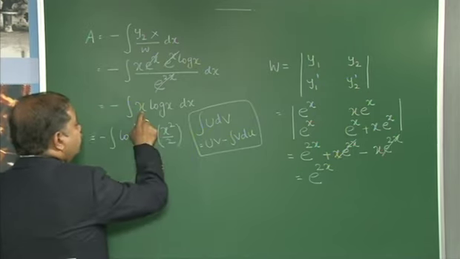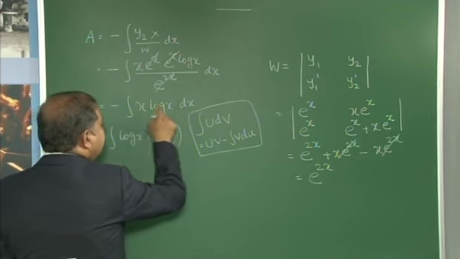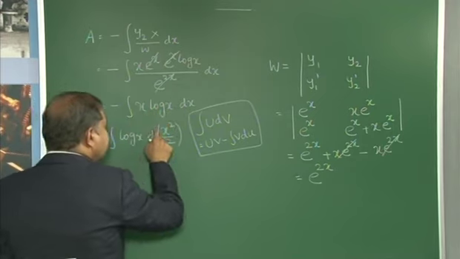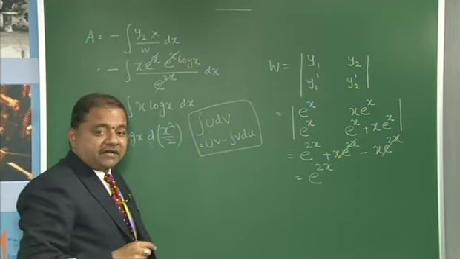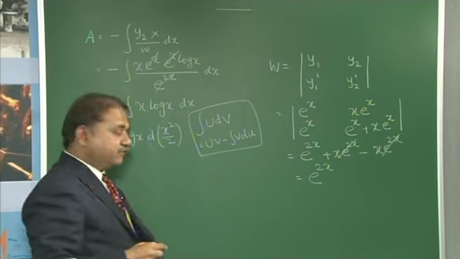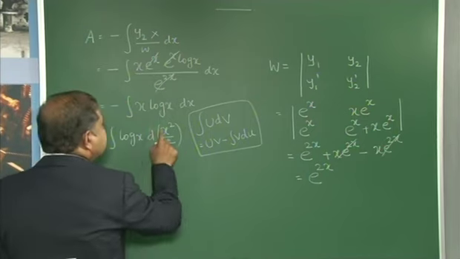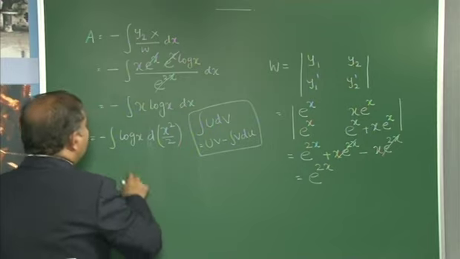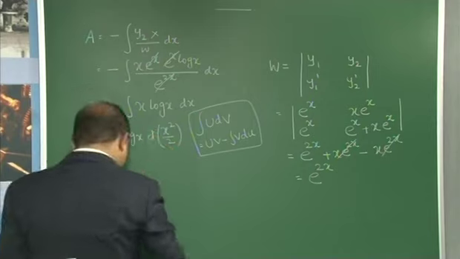Here I have x dx; integrate this x and put it inside the differentiation symbol, since differentiation and integration get cancelled. Differentiation of this becomes 2x dx, the 2 gets cancelled. So my u value is log x, v is x²/2.